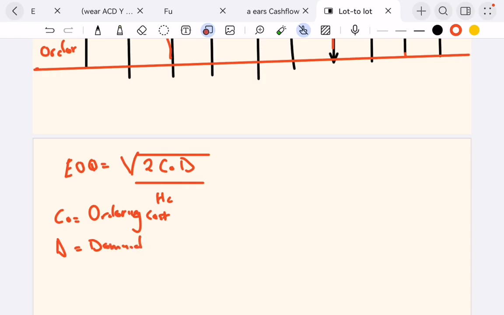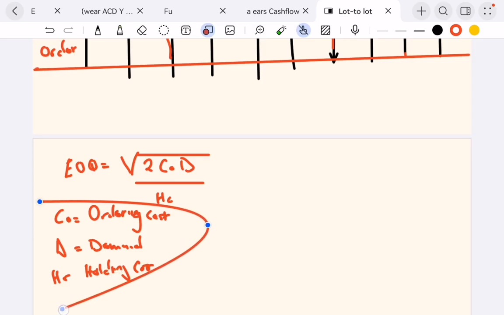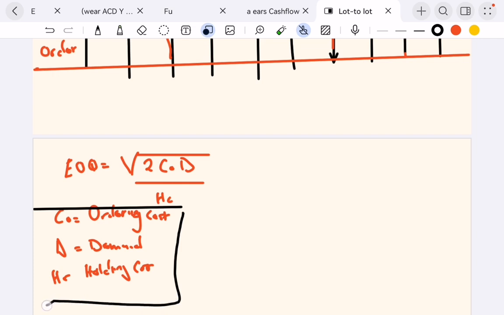Then the HC is the holding cost. So that's what those things mean in the formula.